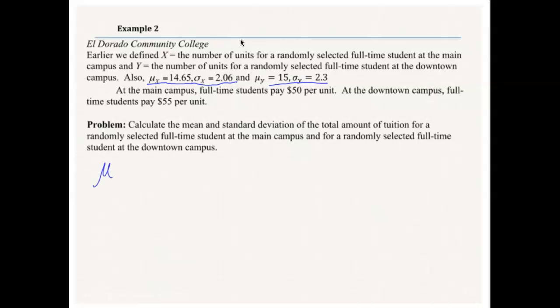So I'll go mu of Tx, meaning the mean tuition for the main campus, and we have a multiplier here, so that's just going to be 50 times the mean number of credits for the main campus, right? Which is 50 times 14.65.